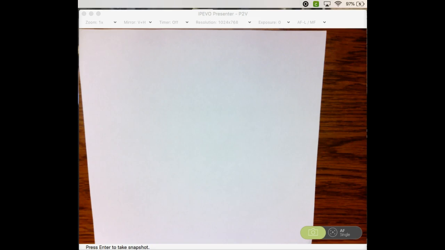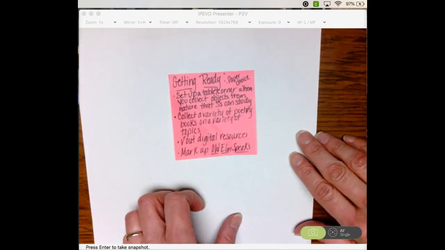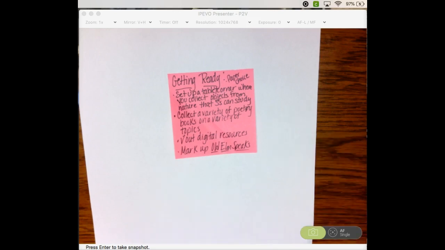So some things to think about as you're getting ready are paper choice. So they do have a poetry paper choice, but you might need to offer some different types of paper choice if your students need more time sketching out their thoughts before they start actually writing. Something you're going to want to think about is having a table or a little section in your classroom that has objects from nature.